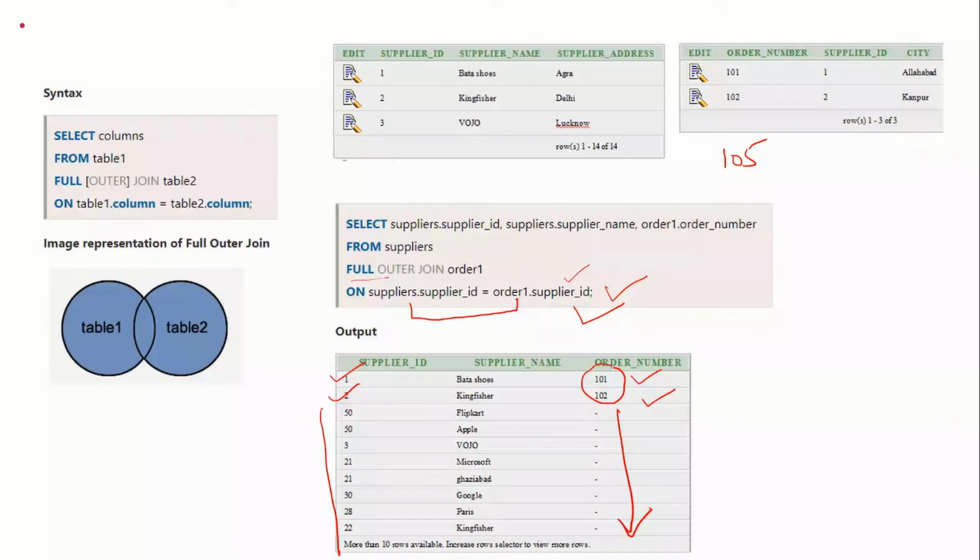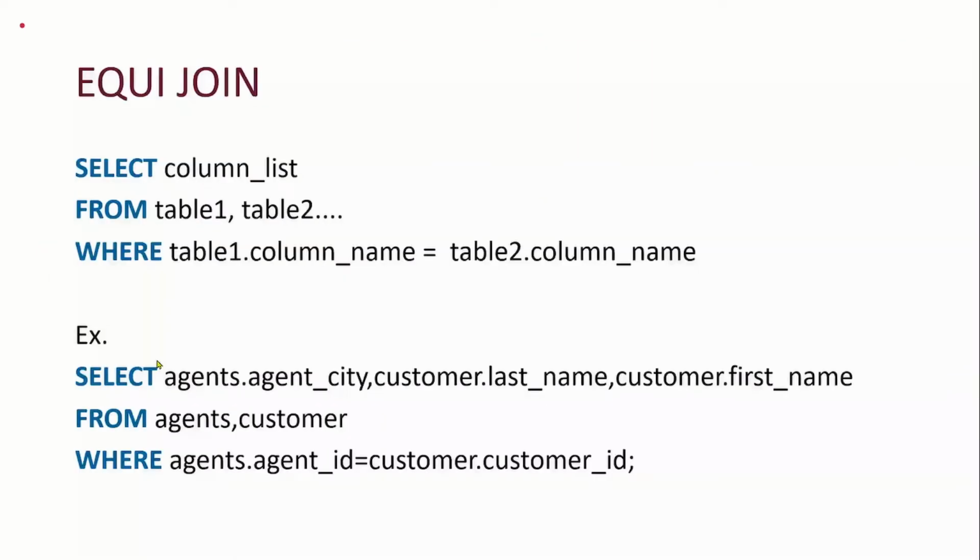There is an equi-join. So does anyone remember the equi-join? As per the name or the example, can anyone guess what the equi-join is?